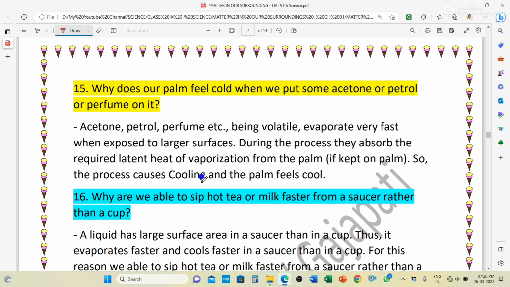So the process causes cooling, evaporation causes cooling. So the palm feels cool, because the amount of heat needed for the latent heat of evaporation, to change the state from liquid to vapor, is absorbed from your palm. So that's why your palm becomes cool.